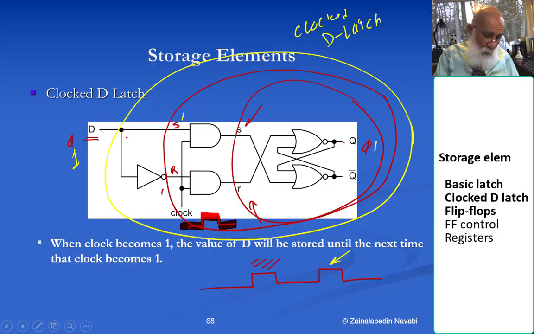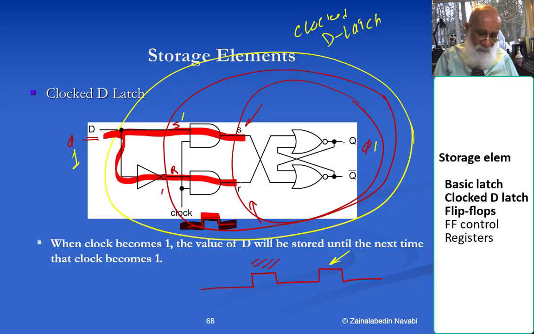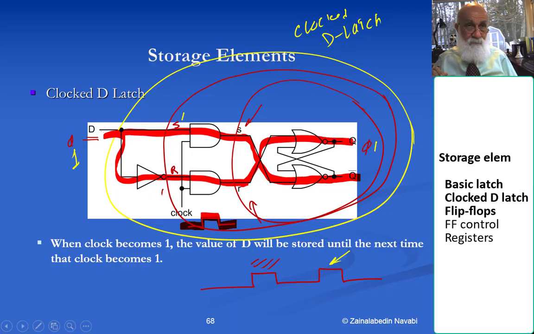That means the D propagates through here, also through here, and then there's nothing to stop it from here, and this. What it means is when clock is 1, a 1 on input D propagates all the way through to the output.